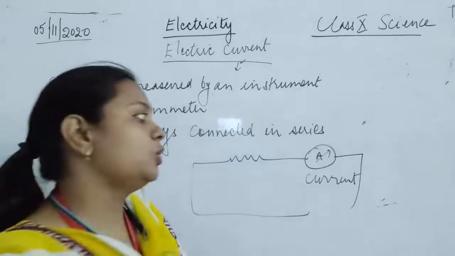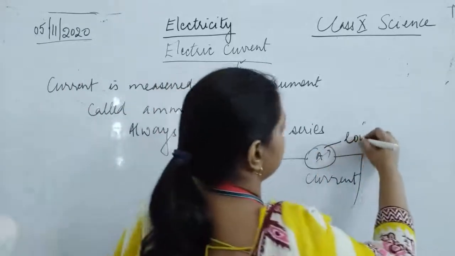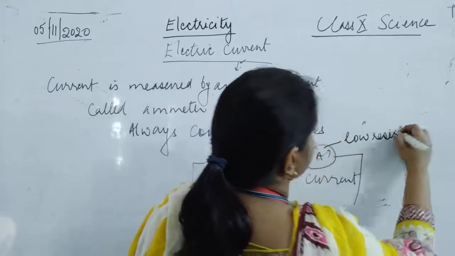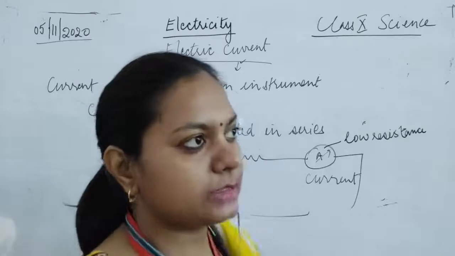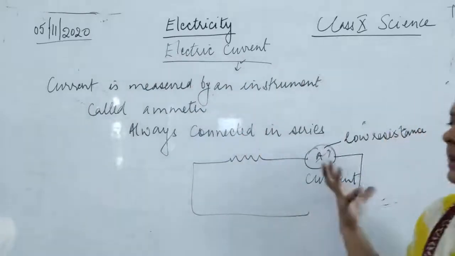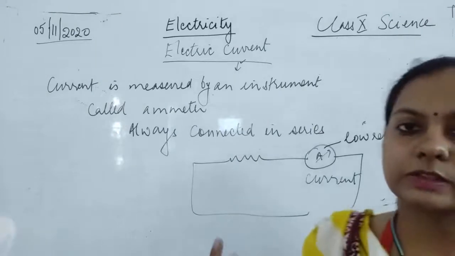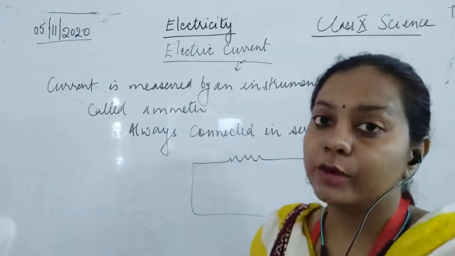Ammeter has a very low resistance. What is the reason that low resistance is developed inside it? If more resistance is present, it is going to hinder the flow of the current. And what is its main purpose?